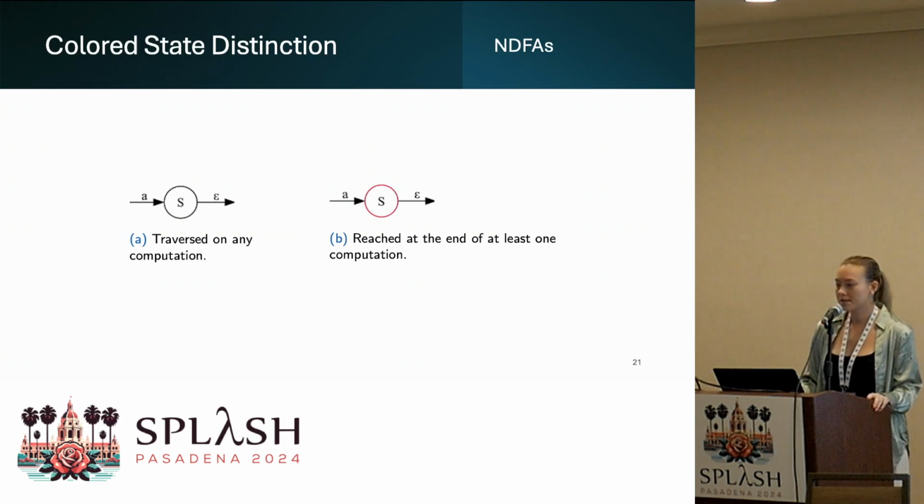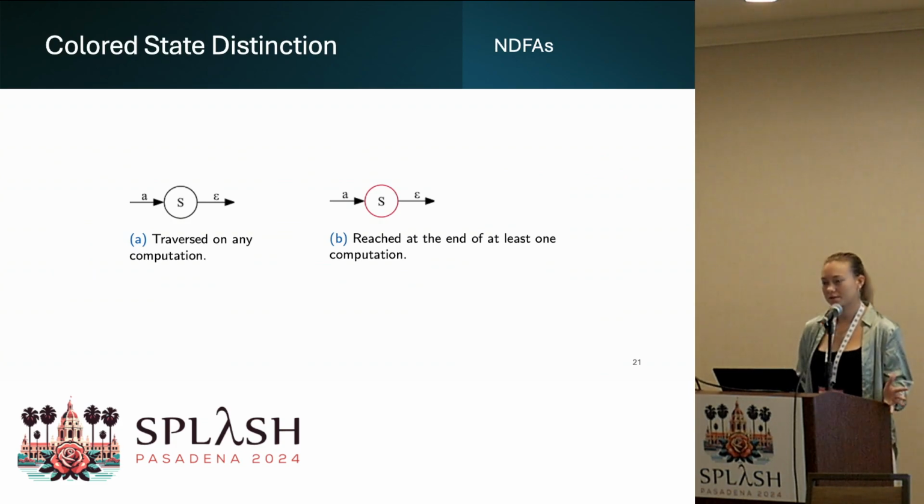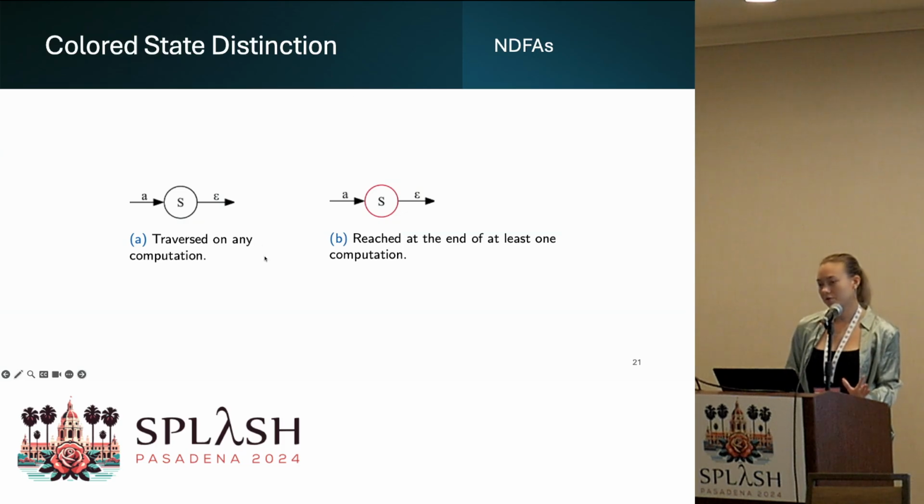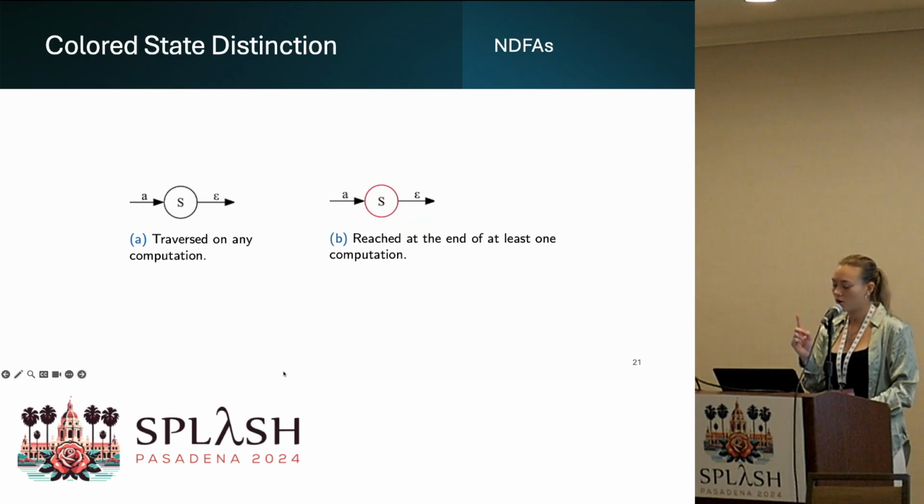We use colored state distinction to be able to trace the transition diagram, and we also have color blindness options. For NDFAs, the colors are black and crimson outline. Essentially, black is just a state that's traversed on any computation. Crimson means that at least one computation holds in this state.